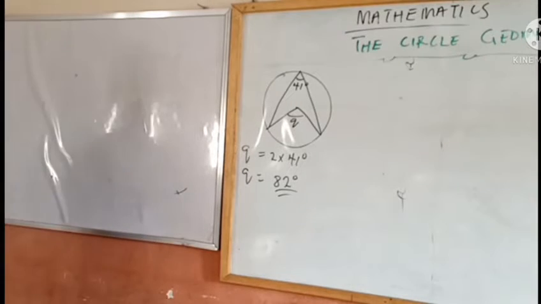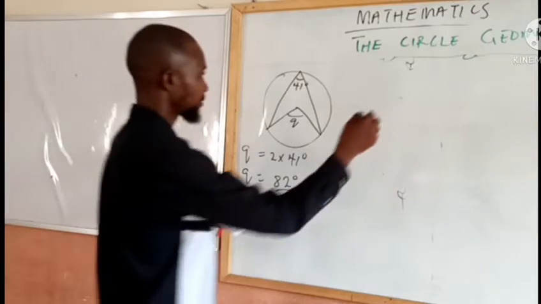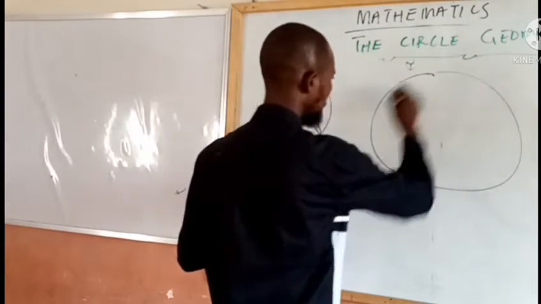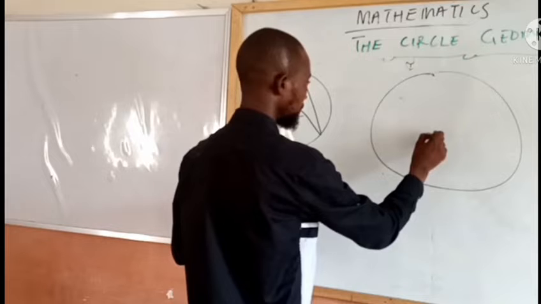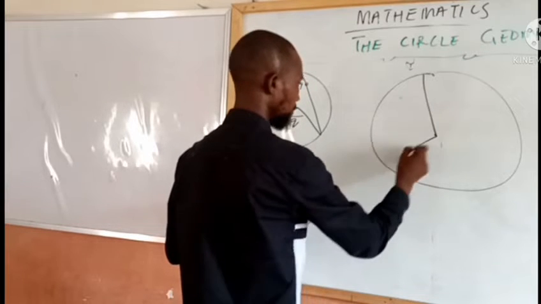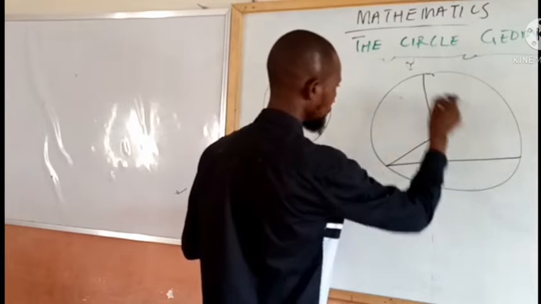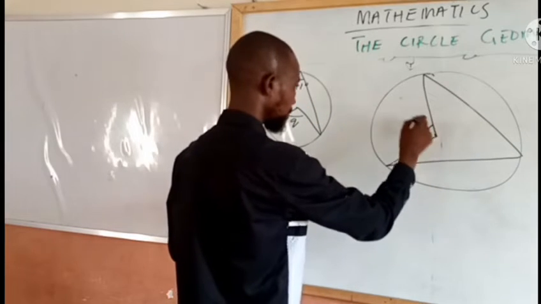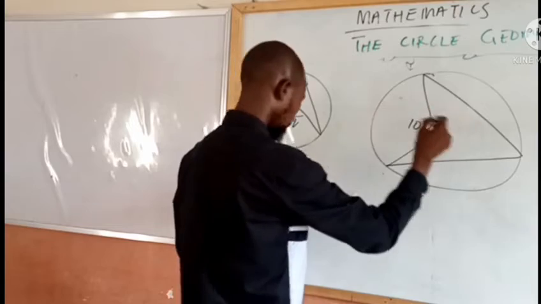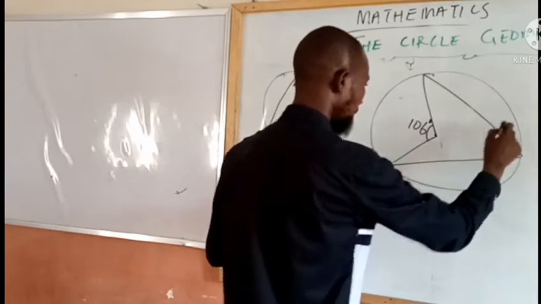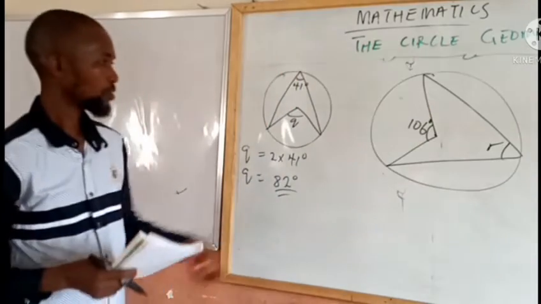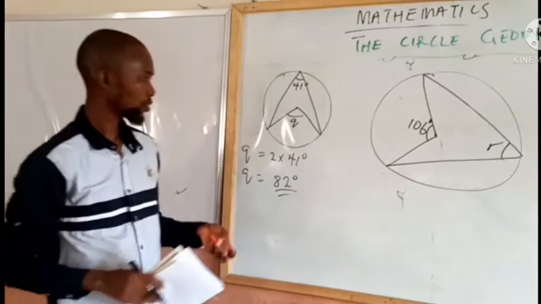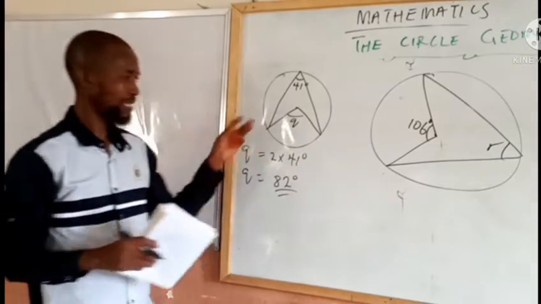Now, secondly, what I have is this. And this place is out. Now, when we observe this question, we also see that it's more or less the same thing as this one.